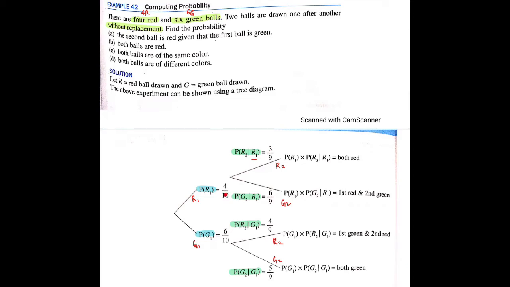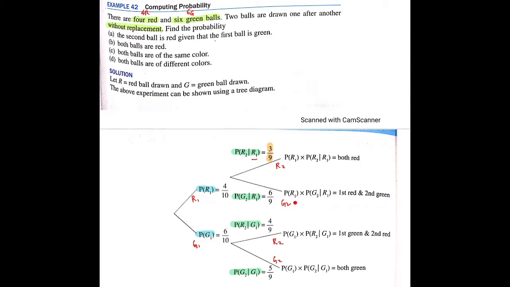The grand total is 10, 1 is already picked, so now our number of sample space is 9. We have altogether 4 red, 1 is already chosen, so from 4 we have reduced to 3. So the probability of R2 given R1 is 3 over 9.